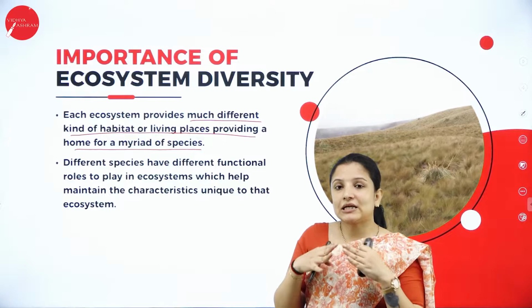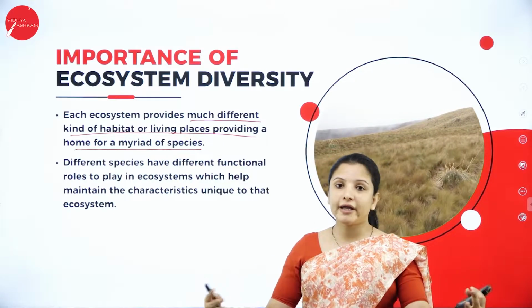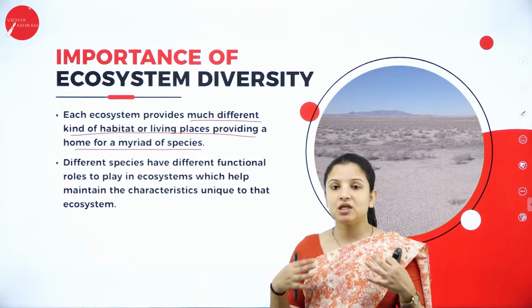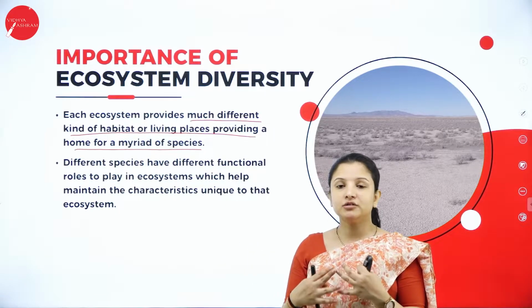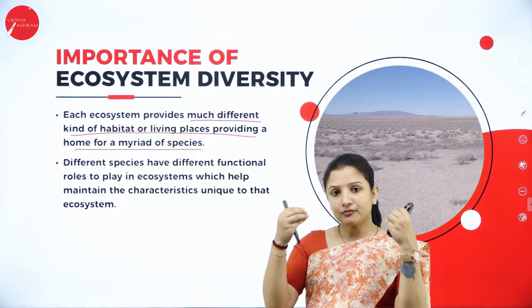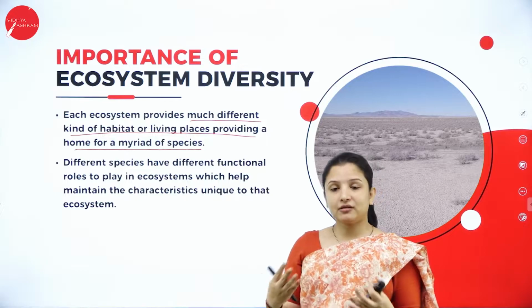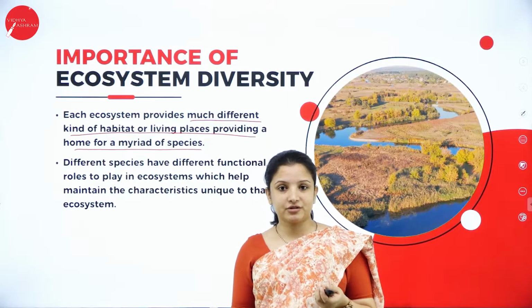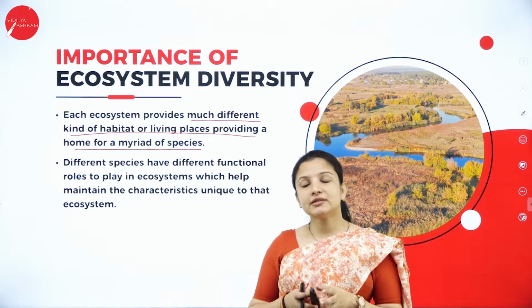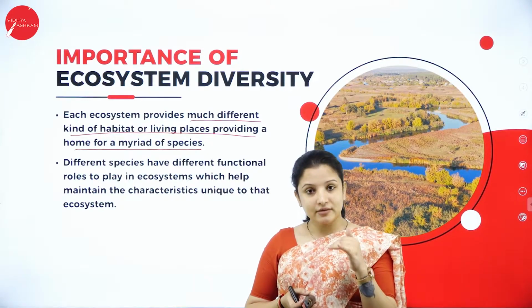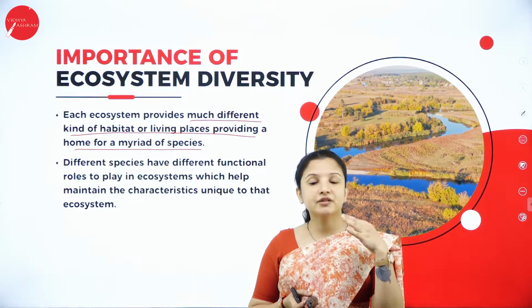So that is why studying ecological diversity is quite vast, because you have to study each of the ecosystems. Again, talking about the terrestrial ecosystem, in that we have the deserts, we have the snow, right?